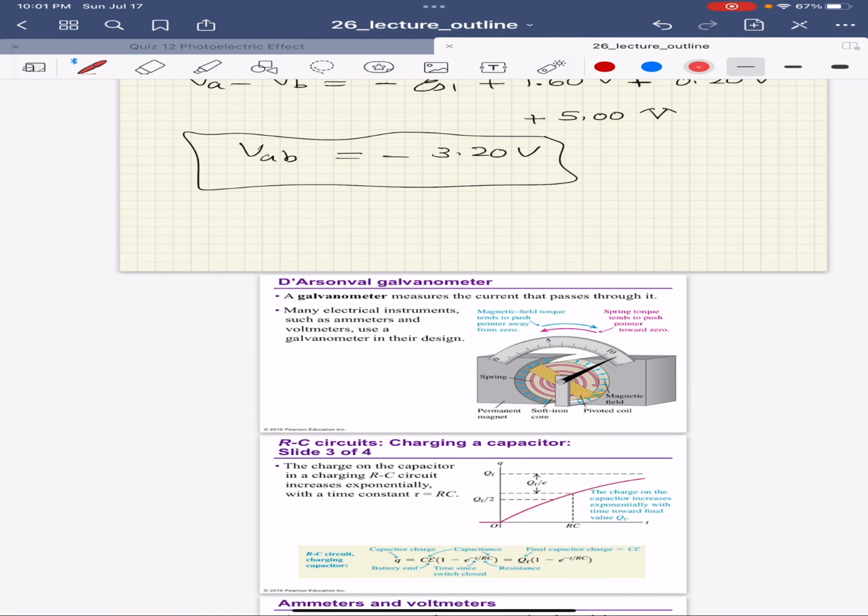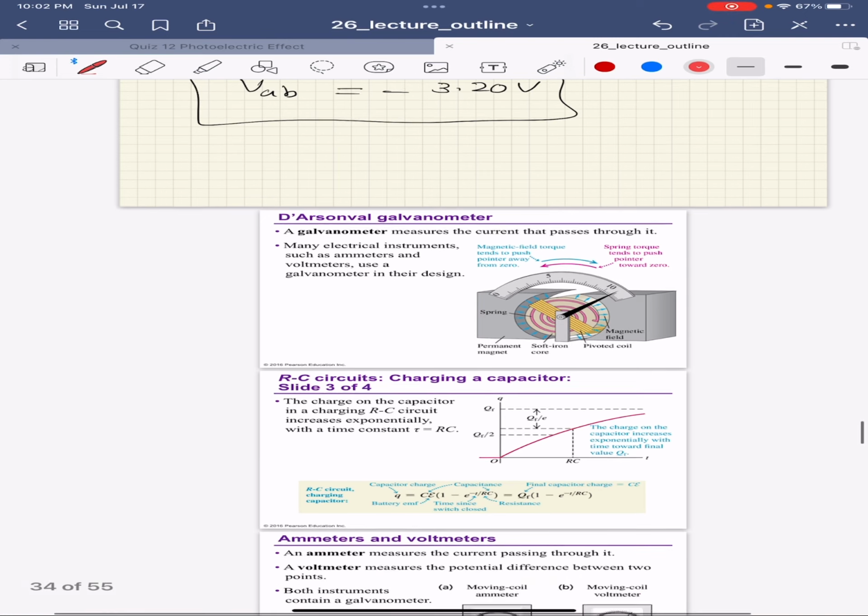Here we are talking a little bit about different measuring devices. Here we have the galvanometer, which measures the current that passes through it. The galvanometer is different from ammeters in that it measures very small currents.